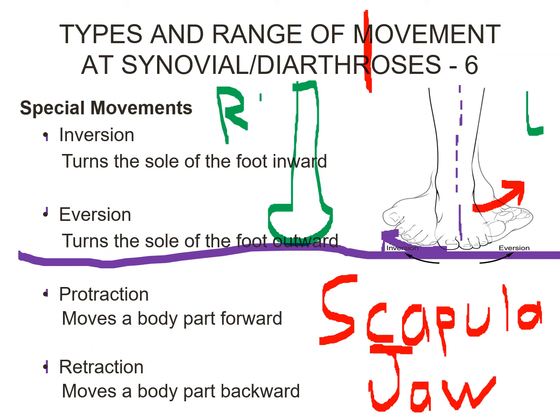If we're protracting our scapula, probably a lot of you right now are protracting your scapulae. If your shoulders are kind of hunched forward, and you're sitting over, texting or on the computer, with bad posture, that's protraction. Or if you're punching or pushing something, you're protracting your scapula.